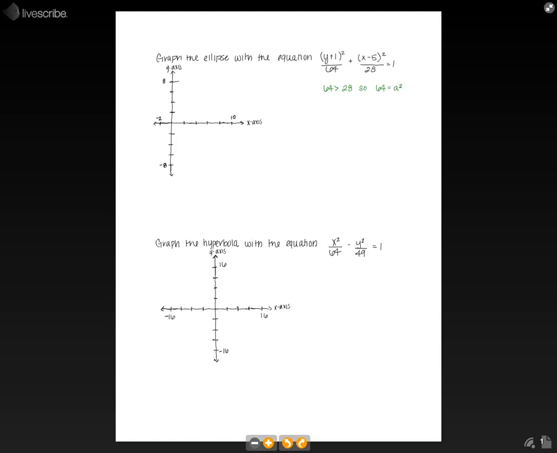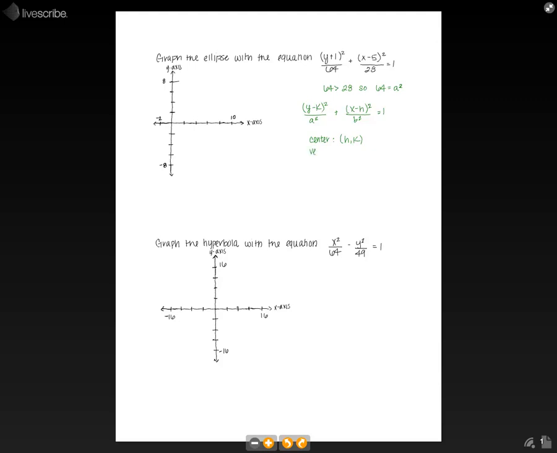From this information we can then write our general form. We're going to have (y minus k) squared over a squared plus (x minus h) squared over b squared equals 1. Our center is going to be at h comma k.